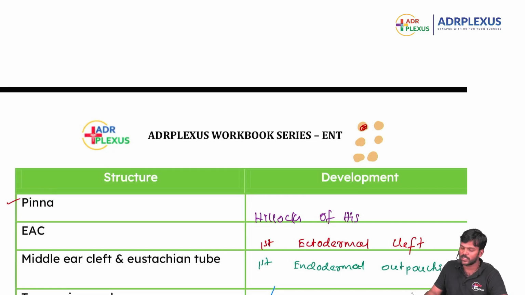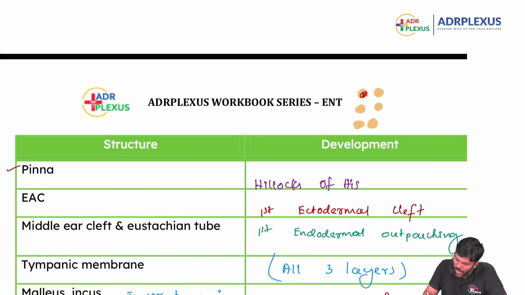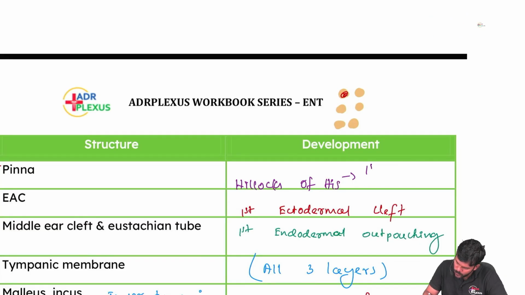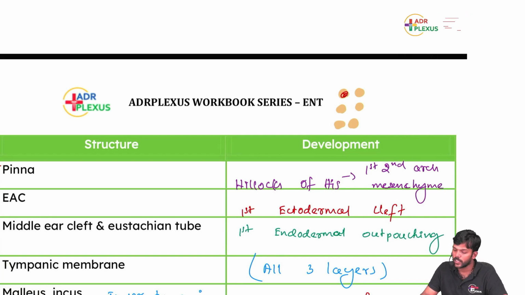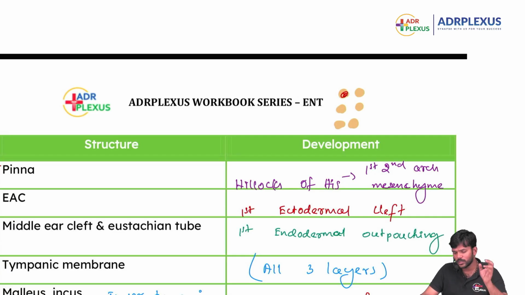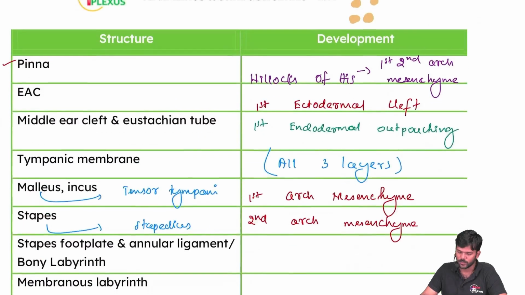So pinna forms from 6 hillocks of His, which actually forms from first and second arch mesenchyme. So pinna has a distinctive embryology, so it forms from mesenchyme only. The first and second arch combined forms.